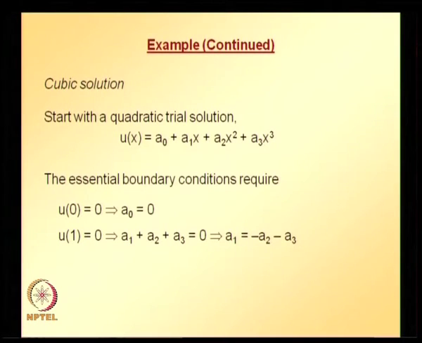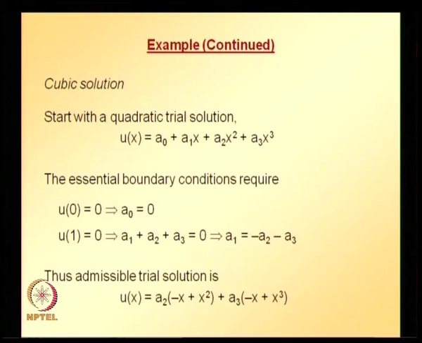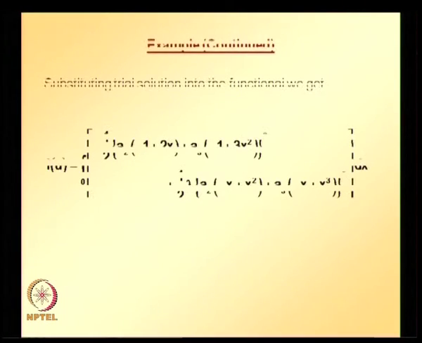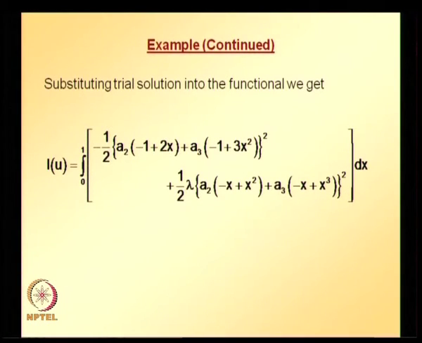That leads to a0 equal to 0, a1 equal to minus a2 minus a3. So the admissible trial solution becomes a2 times (minus x plus x square) plus a3 times (minus x plus x cube), and substitute this admissible trial solution into the functional.